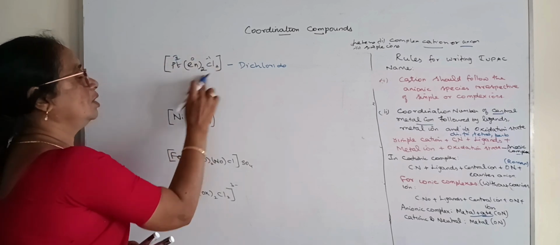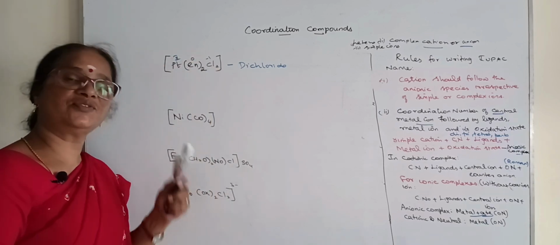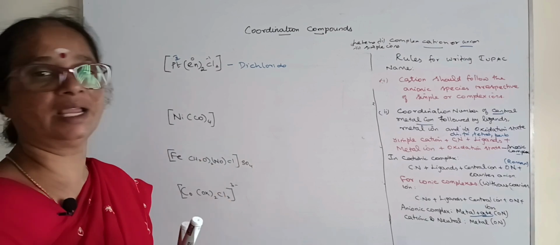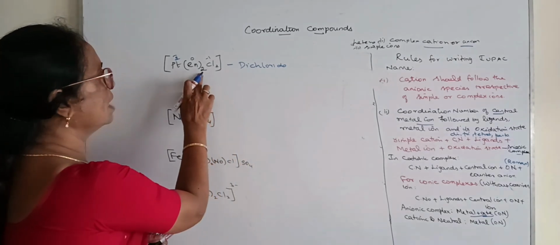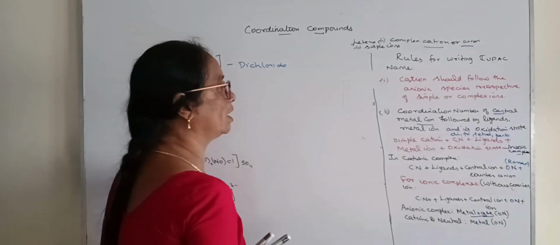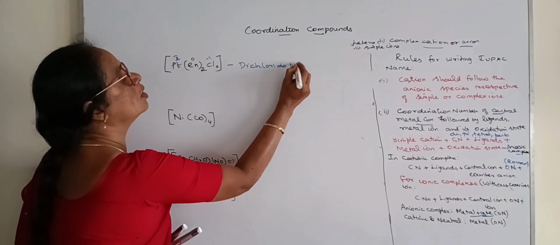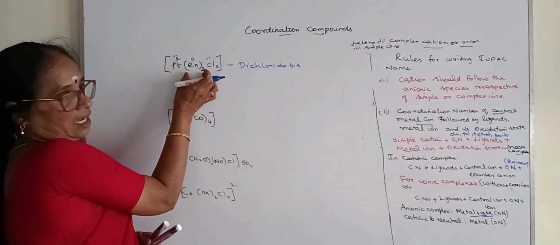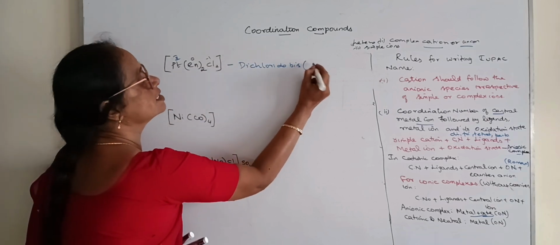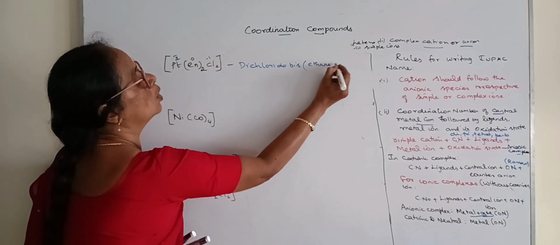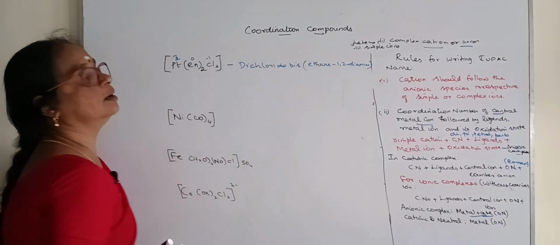Now we are going to name this one. What I said: if the ligand itself has any numerals, then the coordination number will be given in a different form. What is there? 2. 2 to be given as what I said? Bis. So what am I going to write? Dichlorido bis, and the en is to be written in an open bracket as ethane-1,2-diamine, closing the bracket.